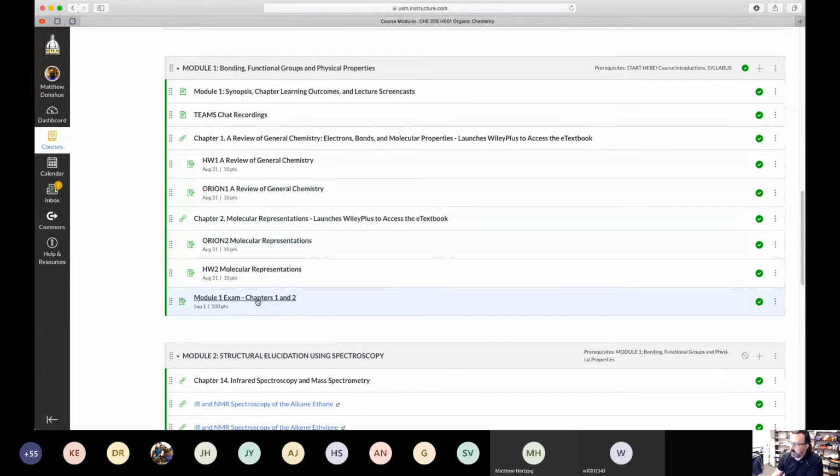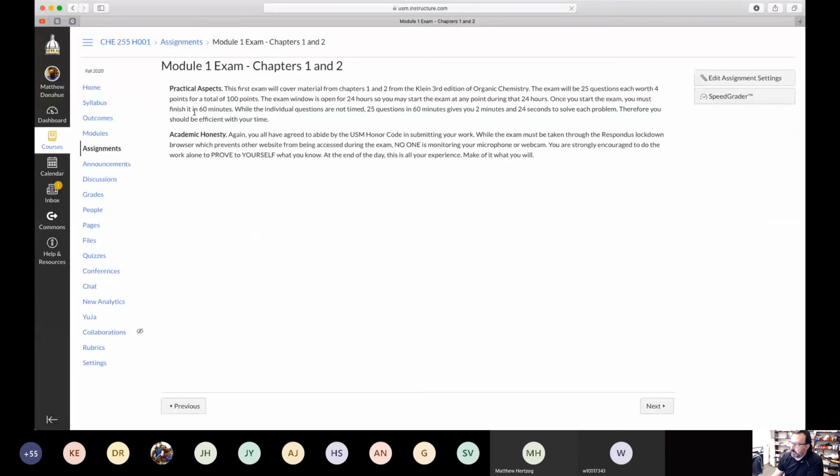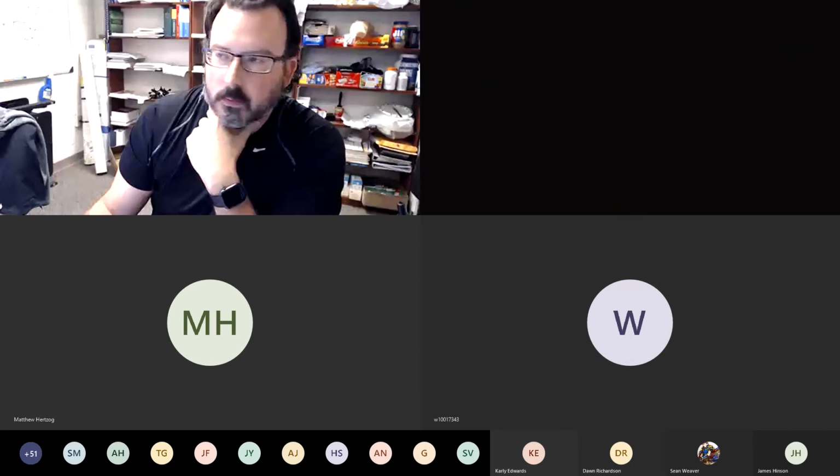So if I click Module 1 exam, here's some blurbs about it that you can read, and then when it opens, you'll actually see the link, and you need to download the Respondus lockdown browser because that's how you take the exam, through that browser. So any questions on the Canvas tour?